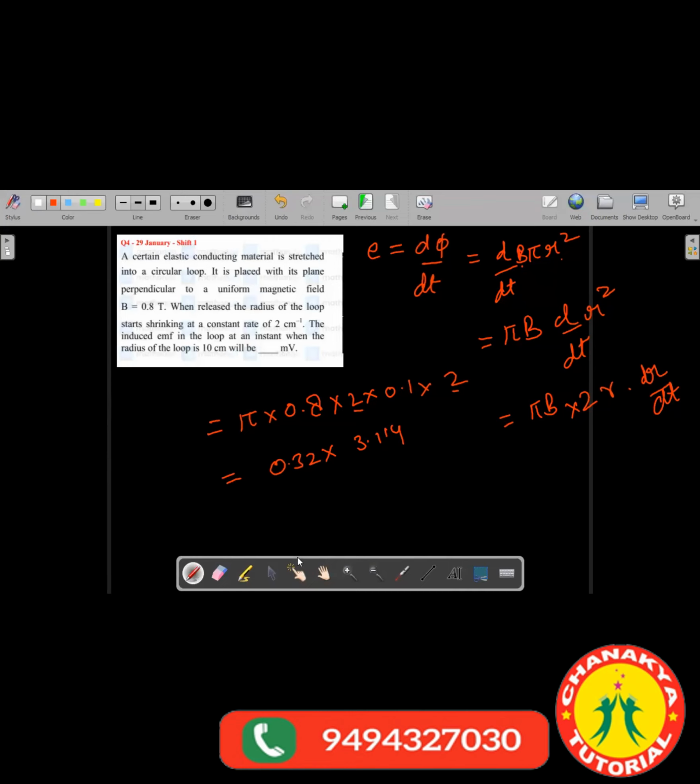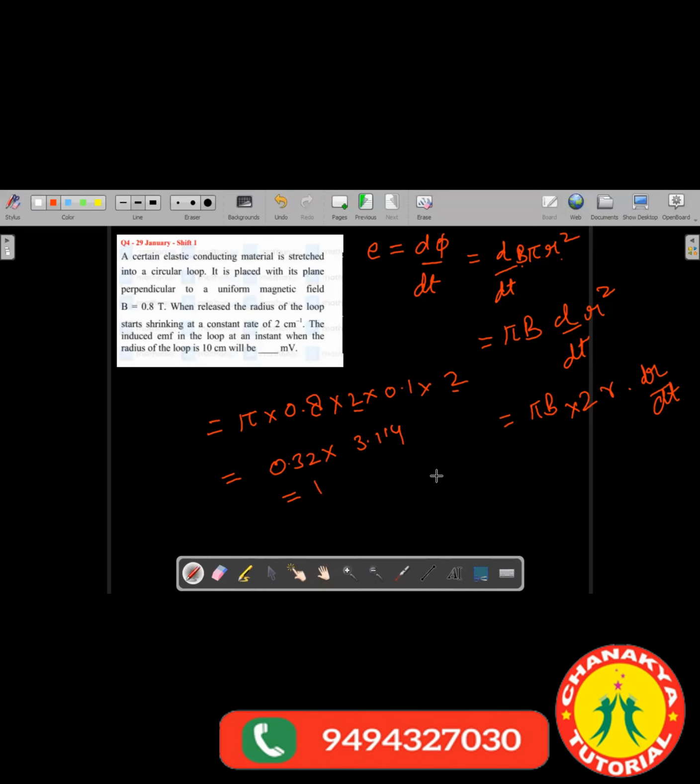We will get 0.32 multiplied by 3.14, you get 1 as the answer. So should the answer be 1, or should it be something else?